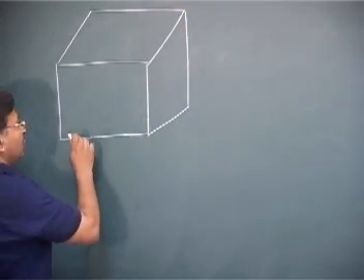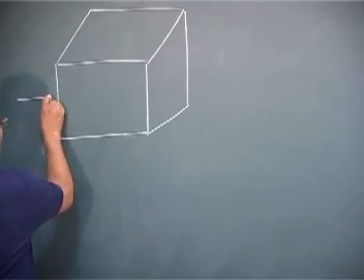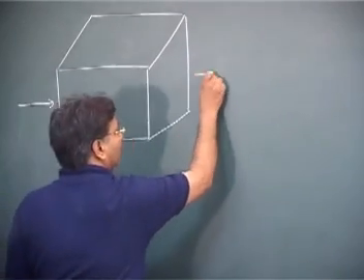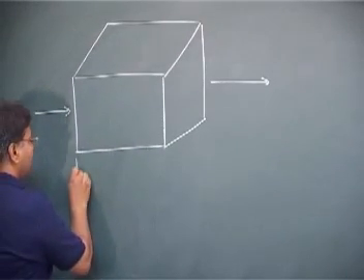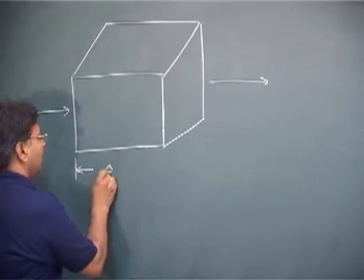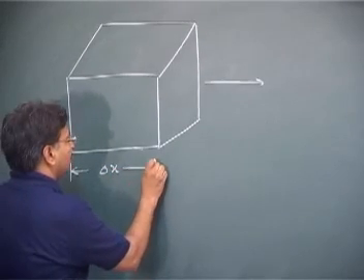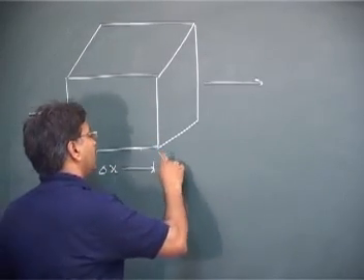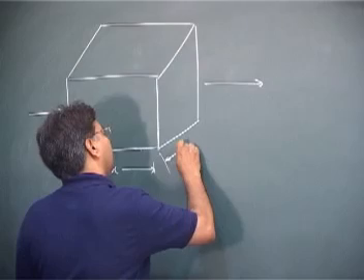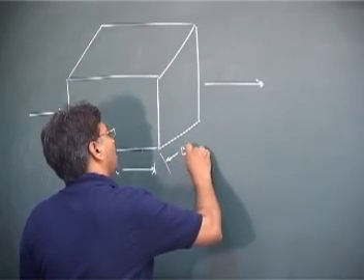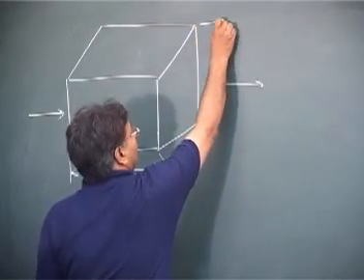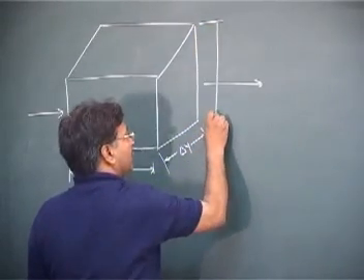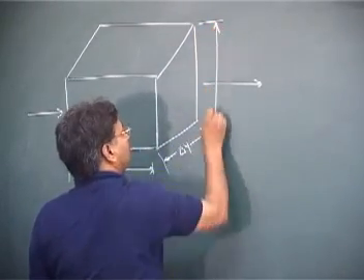You have a box, and the wind may be blowing like this and it is going like this, and this I am calling delta x, this delta y, and this z.